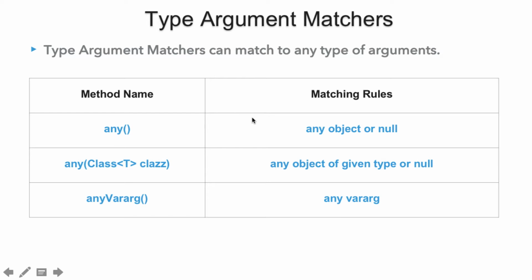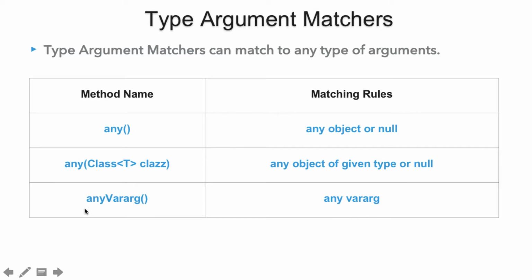What if we don't care about the exact book and we think it should take any book? We can simply provide any, or any and inside that we provide Book.class. So here it's like an any object of the given type, and we can simply provide null also.